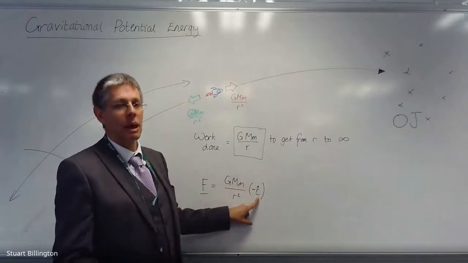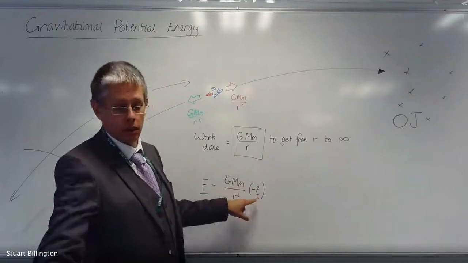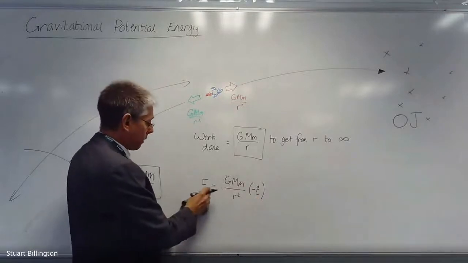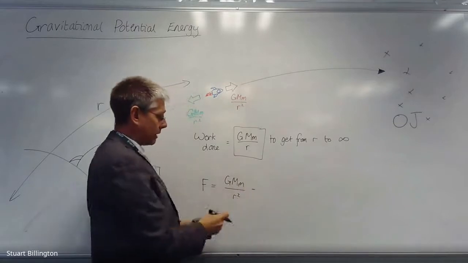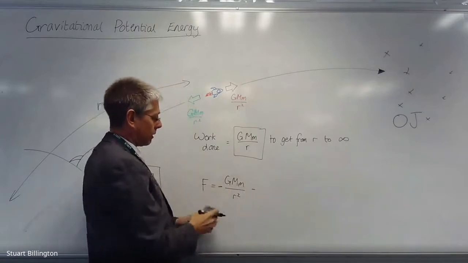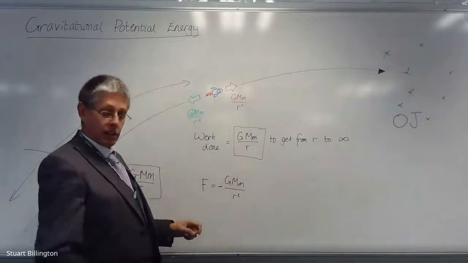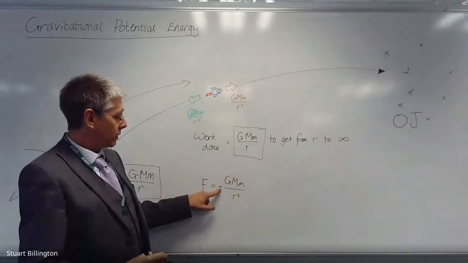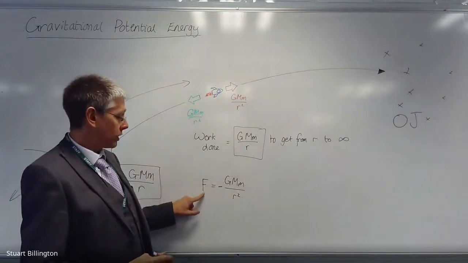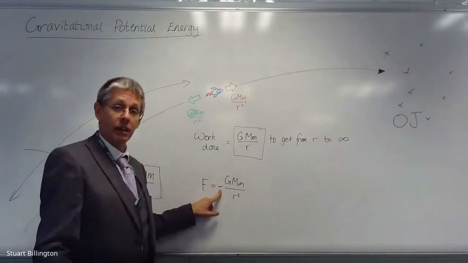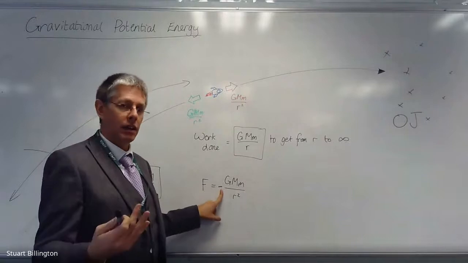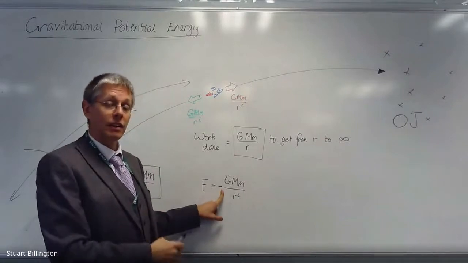But A-level examiners are sloppy, and they don't bother writing it as a vector equation, but they leave the minus sign behind, which they tidy up to the front. And so in your textbook, you will see a minus sign on the force equation, and that minus sign shouldn't be there. It's just a reminder that the force is an attractive force.